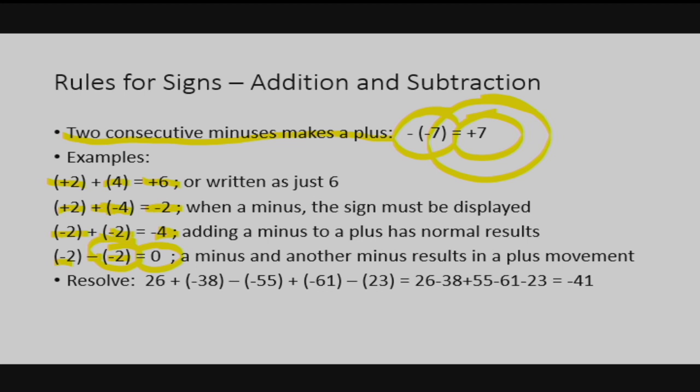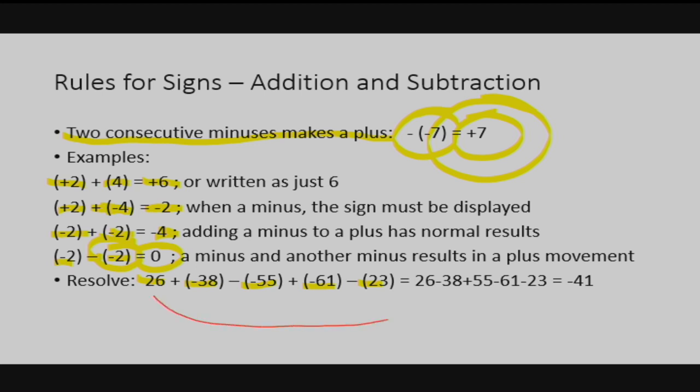Okay, these are straightforward understandings of the different signs and the rules of the signs. Okay, let's look a bit at the bottom here. Here I've got a 26 plus a minus 34 minus a minus 55 plus a minus 61 minus a 23. So let's just now for a second transpose them.